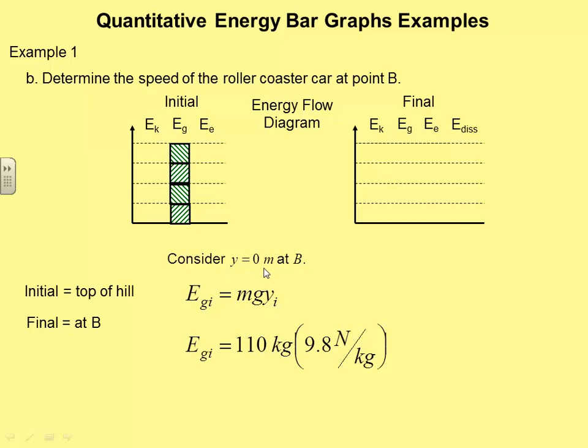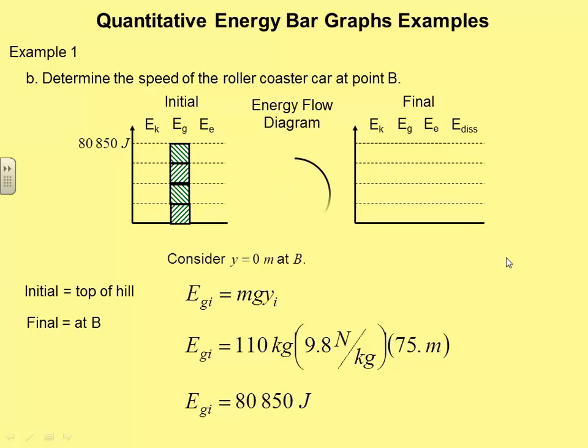Well, here's where we have to consider what we're calling zero height. We're calling B zero height. So when you're at the top of the first hill, you're not 100 meters above that. You're only 75 meters above that. So that's the little conceptual piece you have to do if you're going to use this method. That means we only have 80,850 joules of EG initially. Put that up there on the initial table.